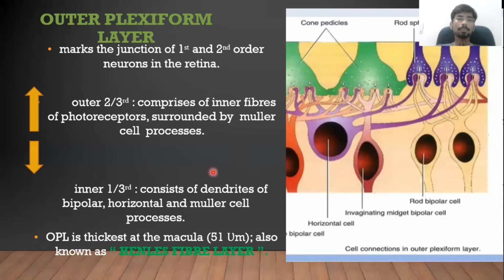The outer plexiform layer is thickest at the macula, also known as the Henle fiber layer. This is the outer two-thirds and this is the inner one-third.